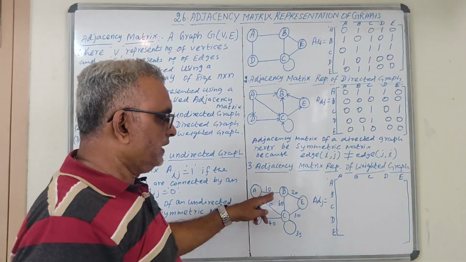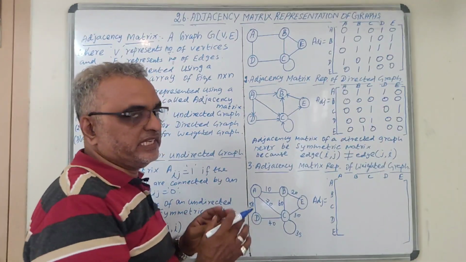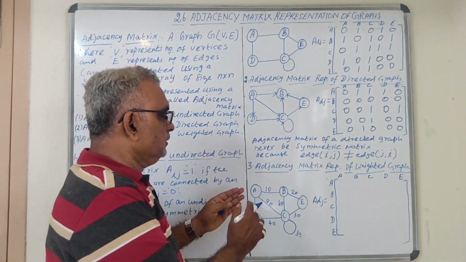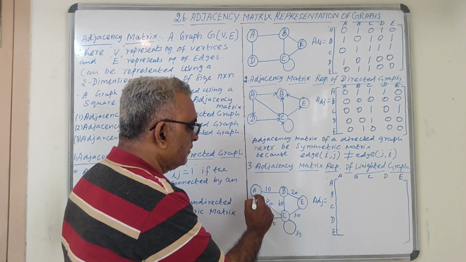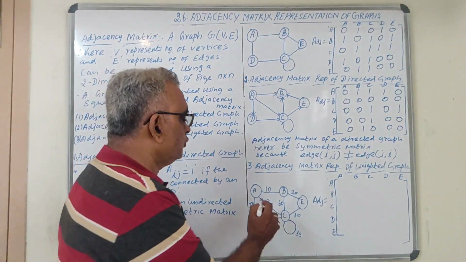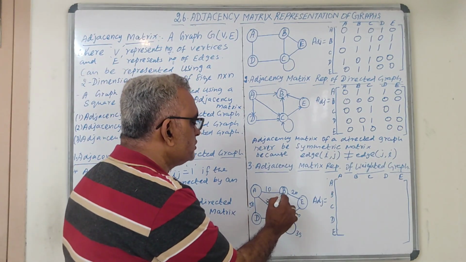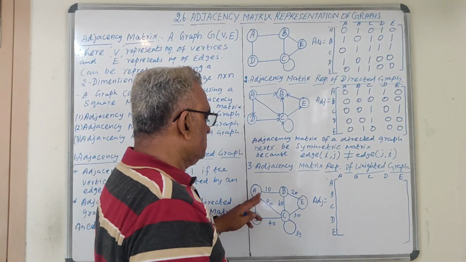Here the weights are nothing but the values assigned to each edge. This may be the distance from one node to another, or we can say it is the cost to reach one node from another.